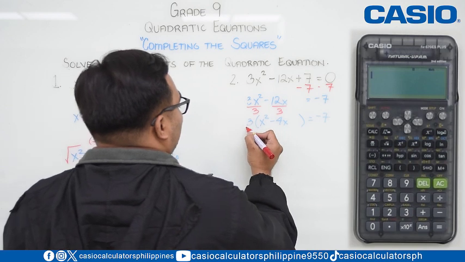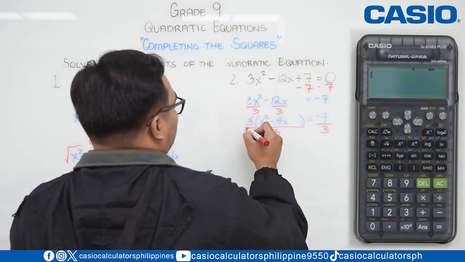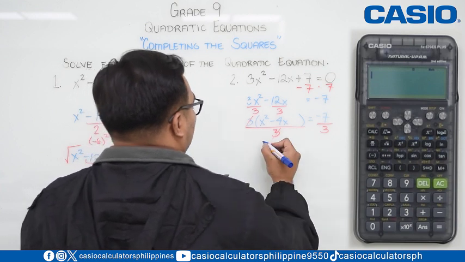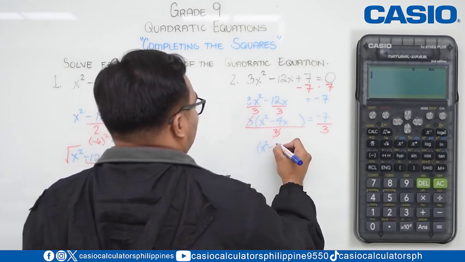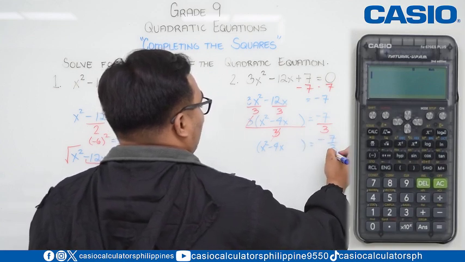Then we need to divide both sides by 3, and then we cancel this out. Then we have x squared minus 4x is equal to negative 7 over 3.